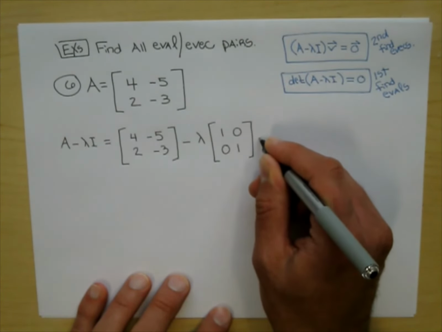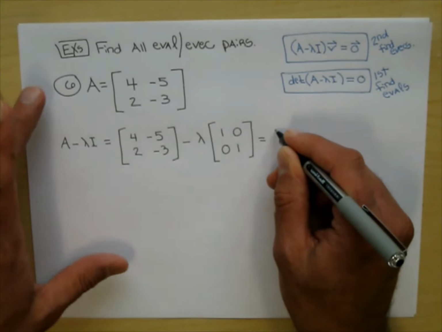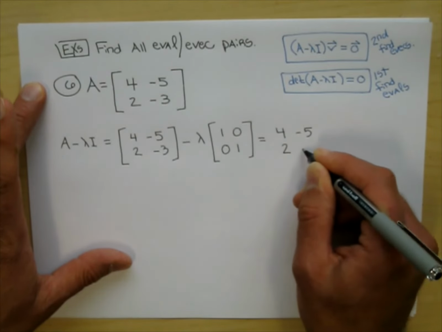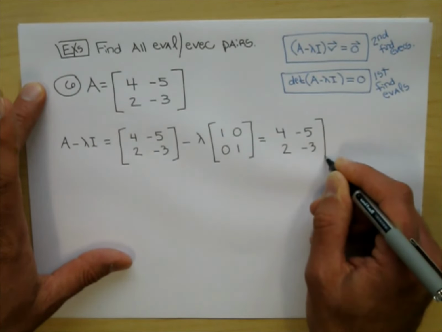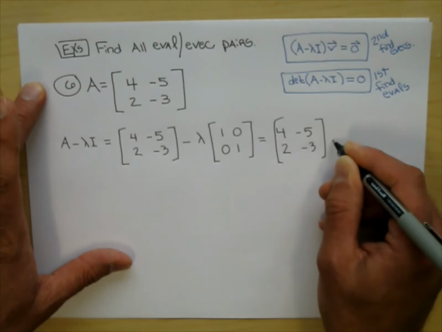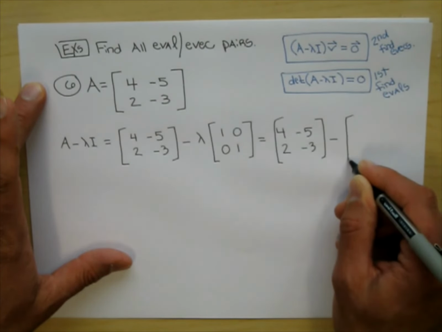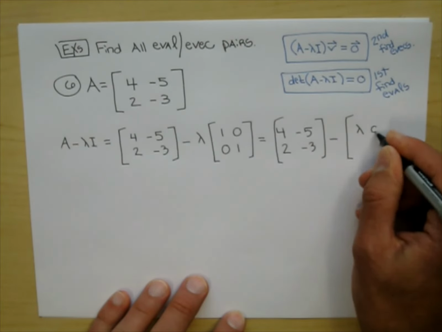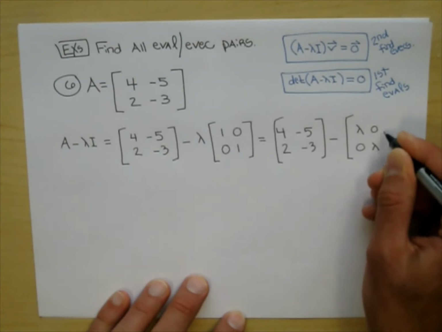Okay, so what do I have here? I have 4, negative 5, 2, negative 3, minus lambda, which comes in as a scalar multiplication. We have lambda 0, 0, lambda.